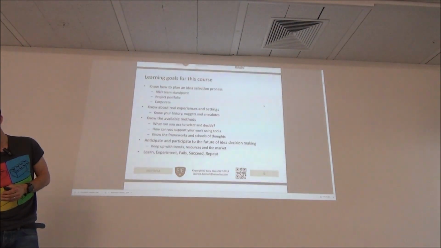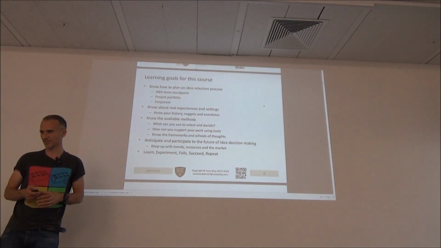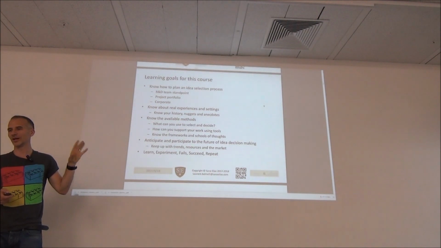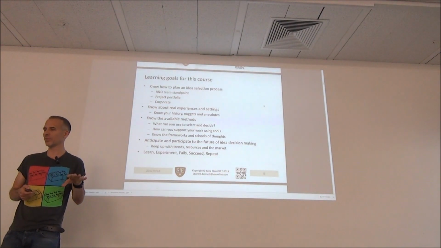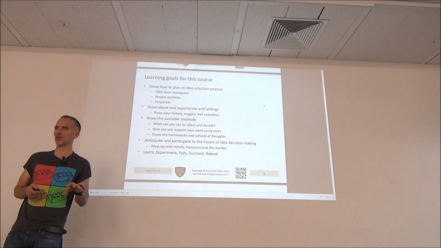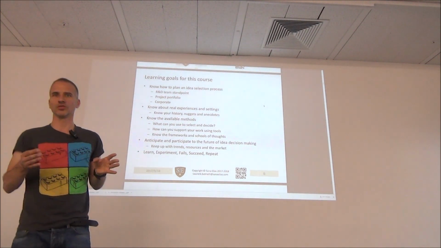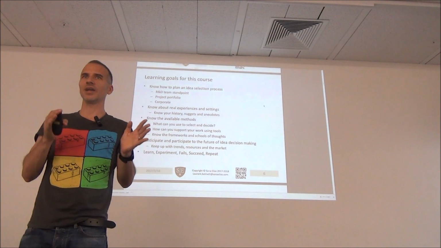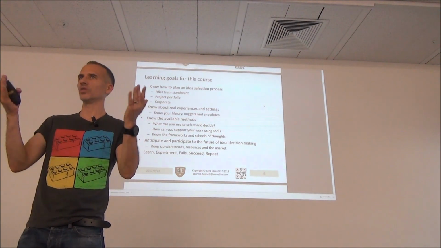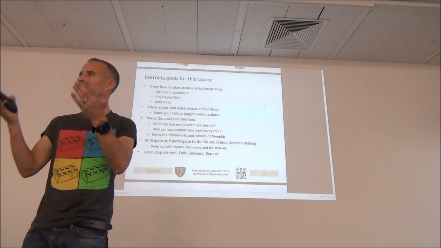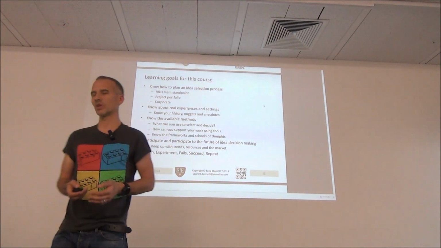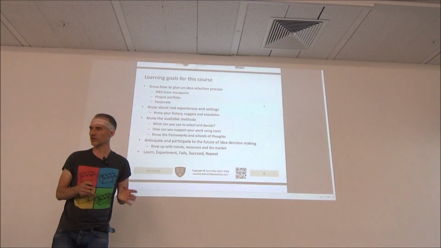So, learning goals for this course. First of all, is to know how to plan an idea selection process. So, after this class, you learn to plan an idea selection process for your own company, your employer, whatever you do after this class. But this is what you're learning here.